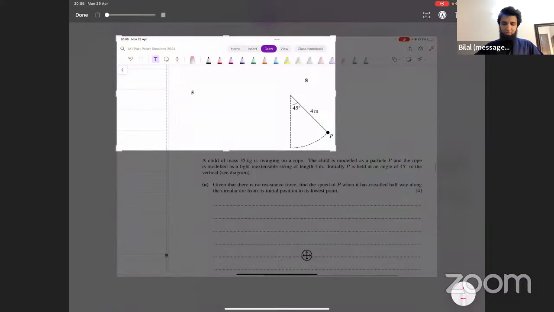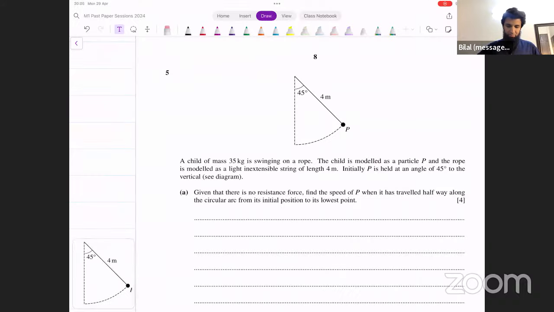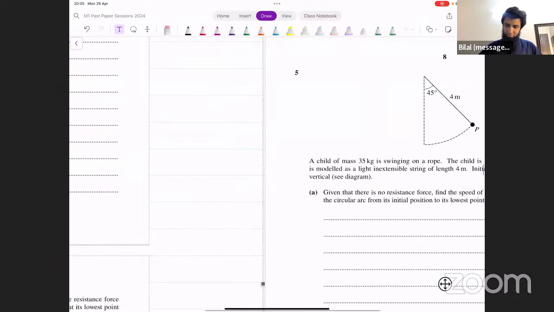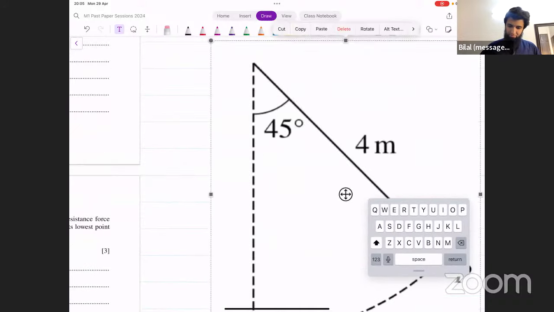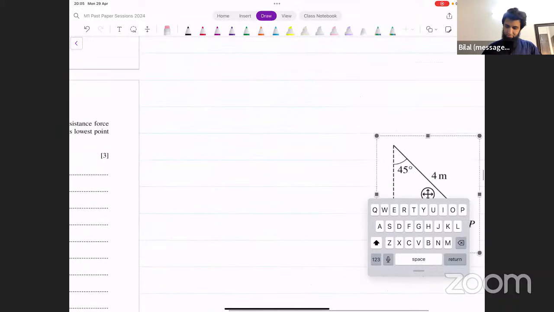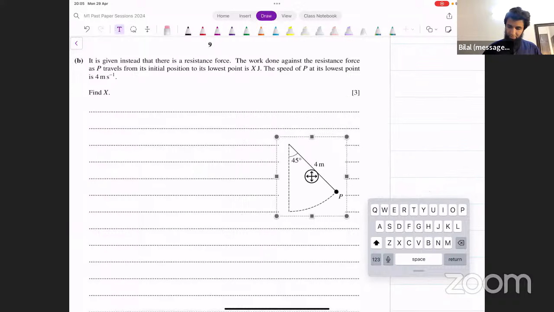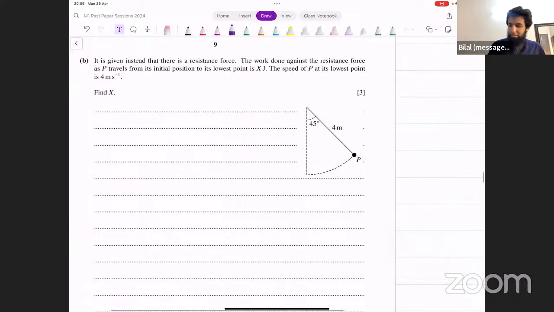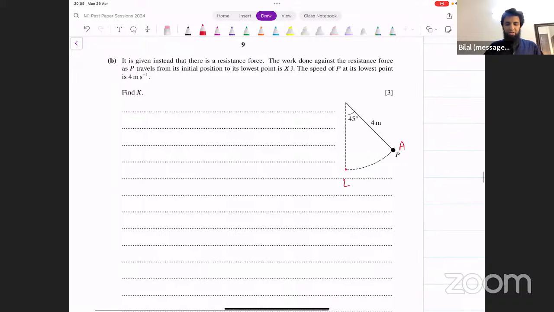Now it's going to its lowest point, starting from P. Okay, now this is the second part. It starts from this point. Let's call this point A again, where it starts. And from that point, it reaches this point. Let's call this point L, the lowest point. And now there is a resistance force.